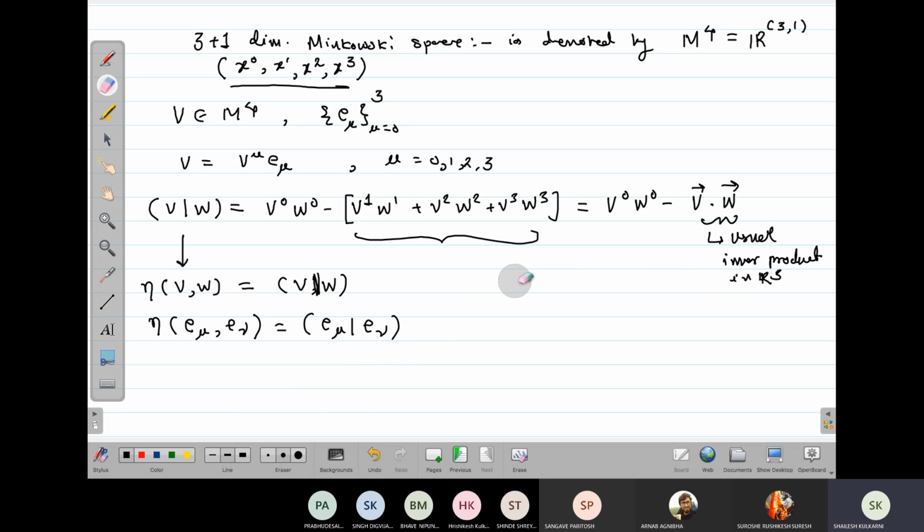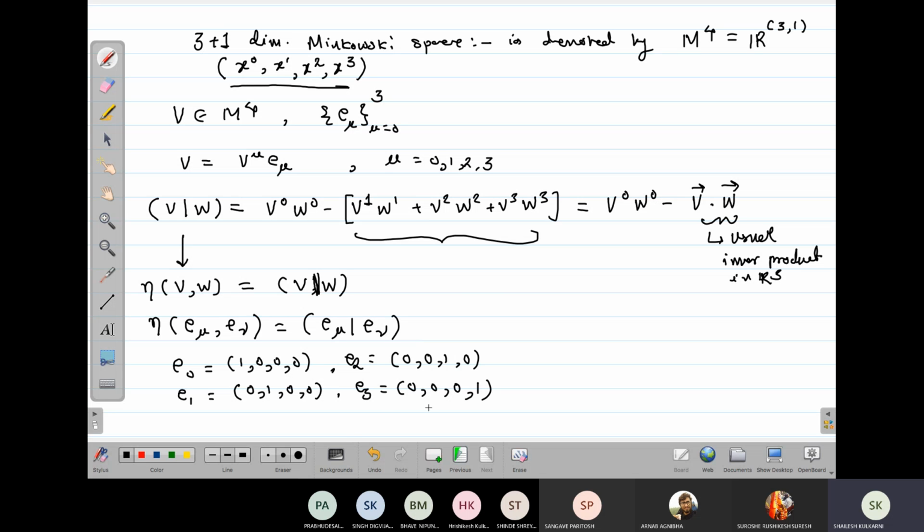E1 as 1, 0, 0, then E2 as 0, 1, 0, and so on. So mu runs from 0, 1, 2, 3. E0 will be denoted by 1, 0, 0, 0. Then E1 will be 0, 1, 0, 0. Then E2 will be 0, 0, 1, 0, and E3 will be 0, 0, 0, 1.